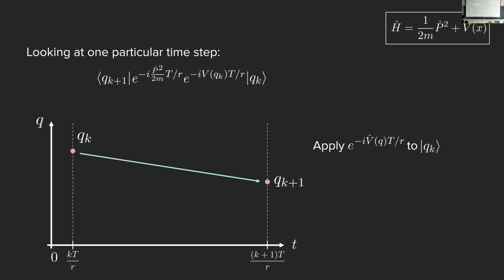If we look at this expression over here, we have this coefficient in front of the p squared. In order to apply this formula, we need this part to be an integer. That puts a restriction on what R has to be. If we're setting this to be 1, then R needs to be exactly equal to this function of T, m, x max, and delta x.